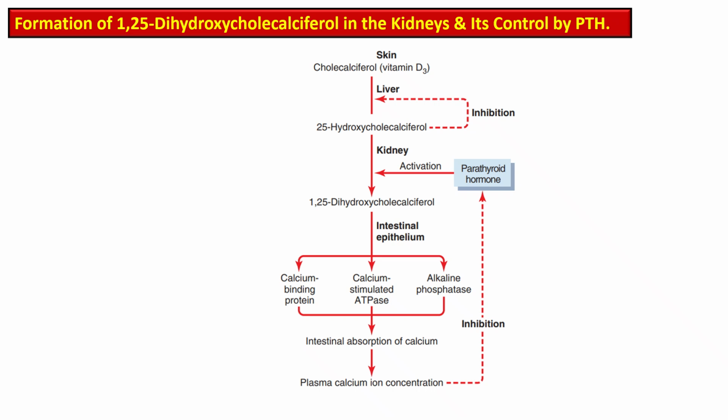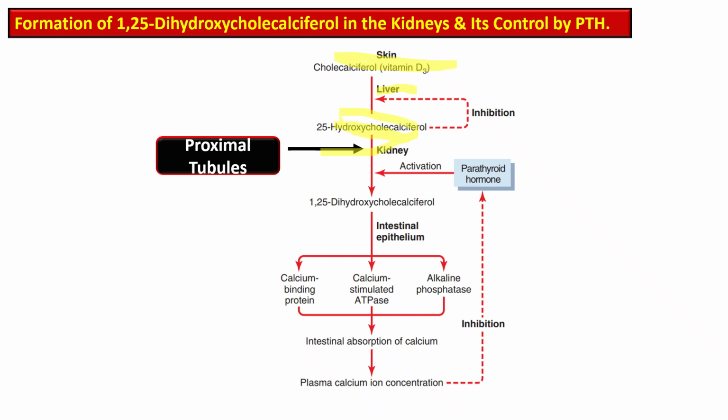Cholecalciferol is first converted into 25-hydroxycholecalciferol in the liver, and this compound is then further converted in the proximal tubule of the kidney to 1,25-dihydroxycholecalciferol, the most biologically active form of vitamin D.